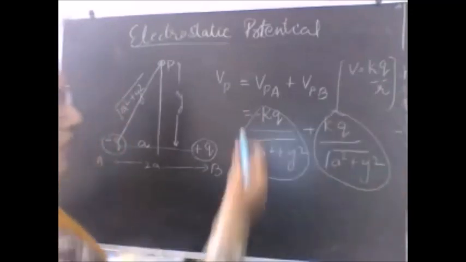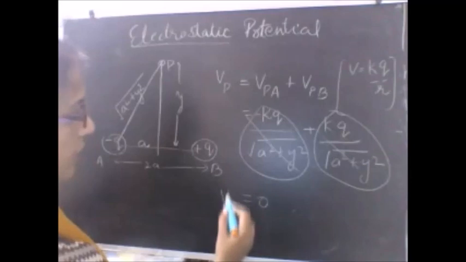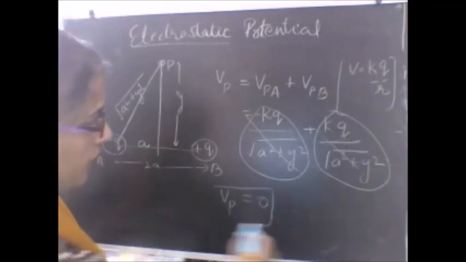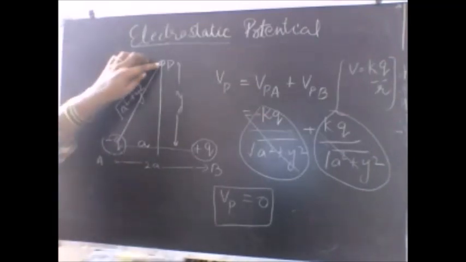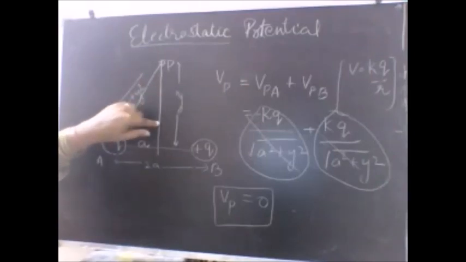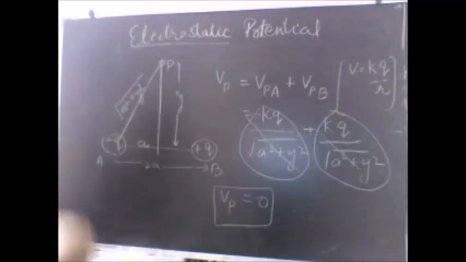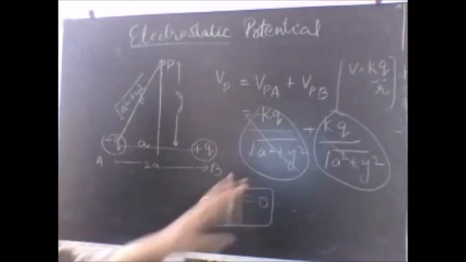Both the terms are identical, they will cancel out and the final result comes out to be 0. That means potential at the point P on the equatorial line will always be 0, no matter where this point P is on the equatorial line. You can put the point here, here, here or anywhere. I can take the point P anywhere. I can prove easily that the potential at the point P is 0.